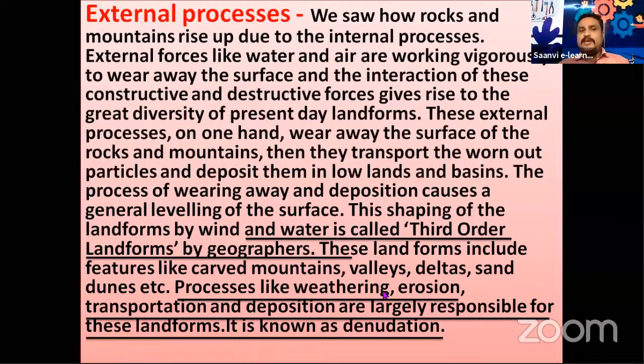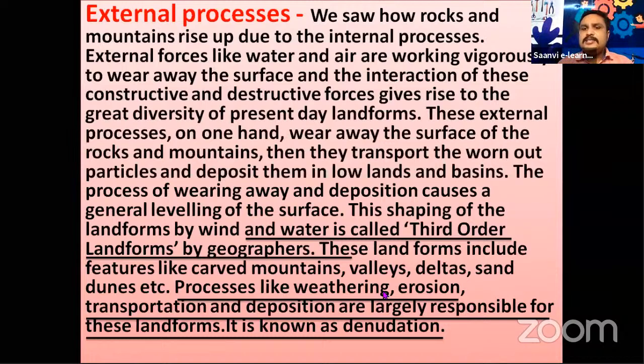Okay, the processes weathering, erosion, transportation, deposition: when the river flows, it carries all the dust and debris on the way. So erosion, in the sense, soil may erode, and all the silt and sand in the water also erode, and it is transported and deposited into the low-lying area or the river valley.